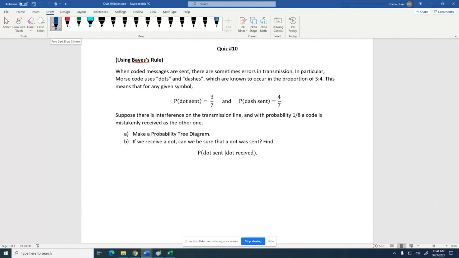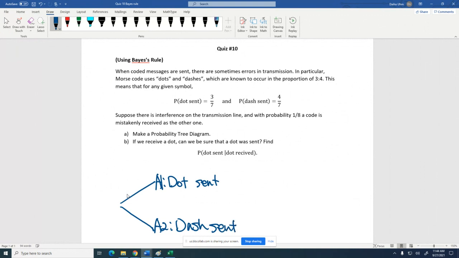So we had only two, A1 dot sent, or A2 dash sent. But Morse code is a very old one. These days we have 5G, but for a long time it was wires, very old, right?